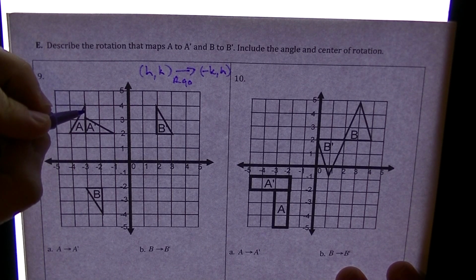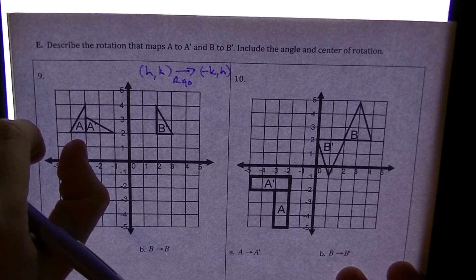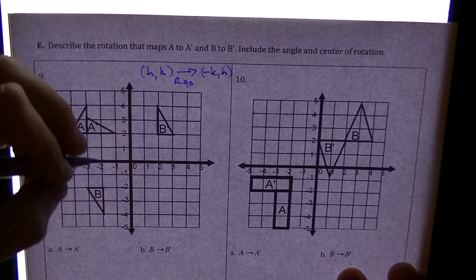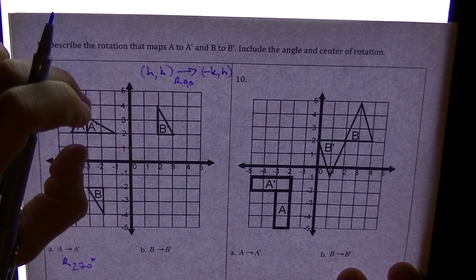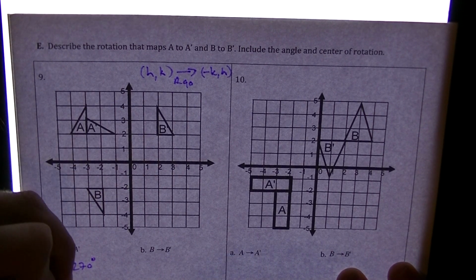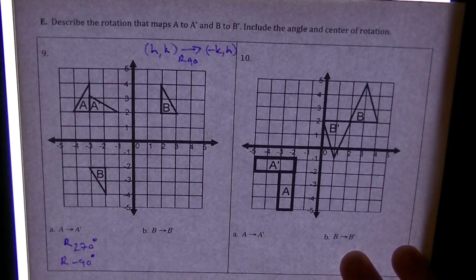Well, here, A to A prime, it looks like I rotated 90 degrees, 90 more degrees, 90 more degrees. This was a rotation of 270 degrees. Or maybe it was a negative rotation, because negative goes clockwise, of 90 degrees, or a rotation of -90 degrees.